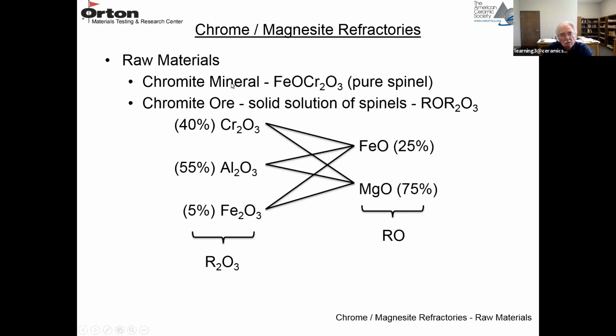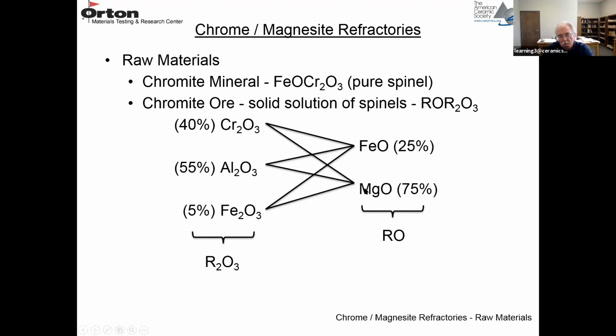So chromite has all of these present. It has Cr2O3, Al2O3, Fe2O3. Each one of these R2O3 groups can combine with an RO group. So for example, Cr2O3 can combine with FeO to form that spinel, FeO·Cr2O3.